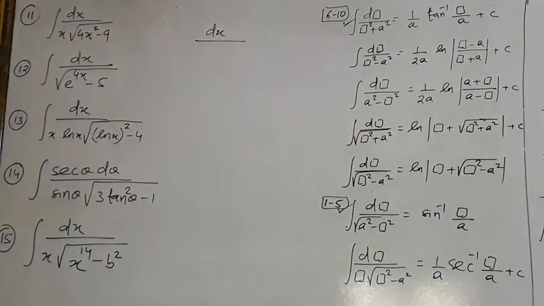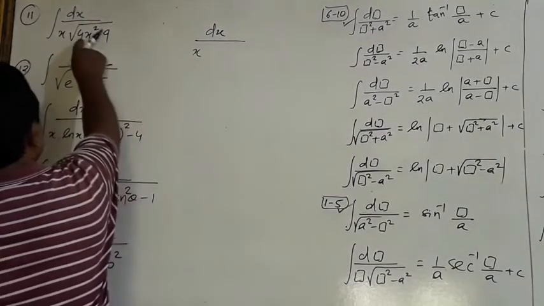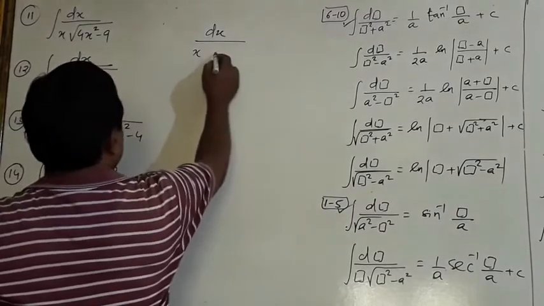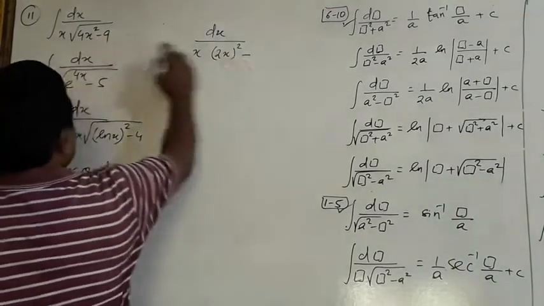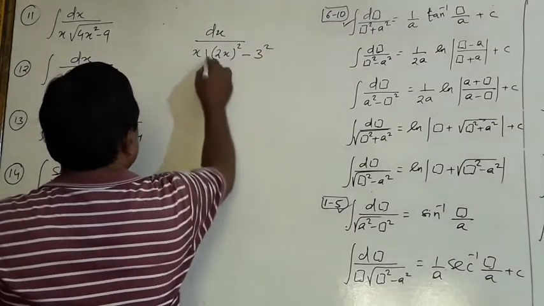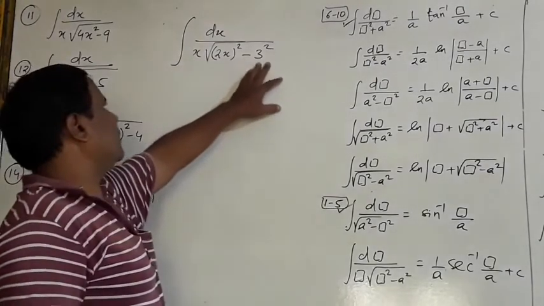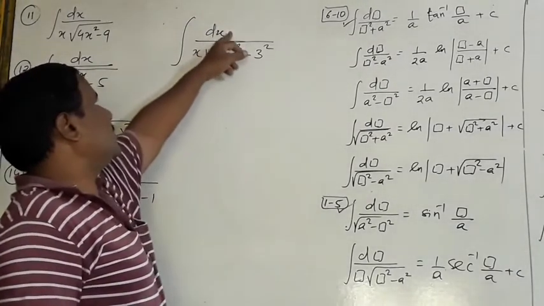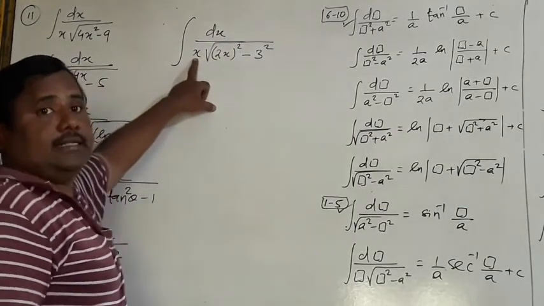Here look at what happens here. Here x whose square is 4x square. Naturally it is 2x square minus 9 means 3 square root over. Now look at which formula. Baxter square minus a square. Derivative of Baxter will be there. Derivative of Baxter. And another thing is there. Here it is variable.